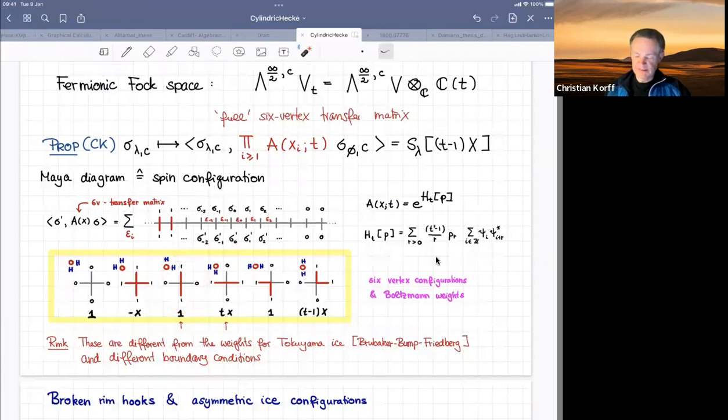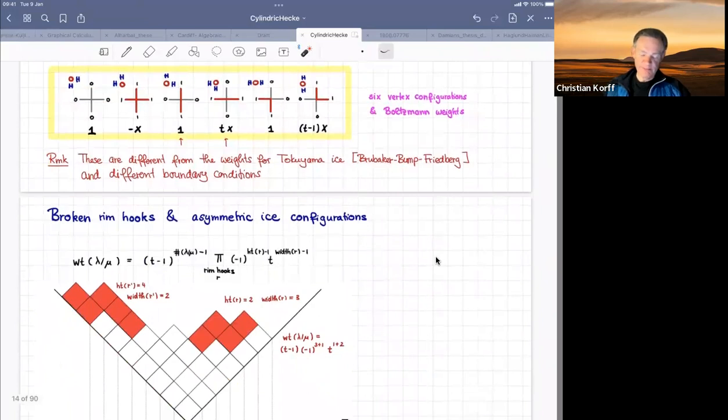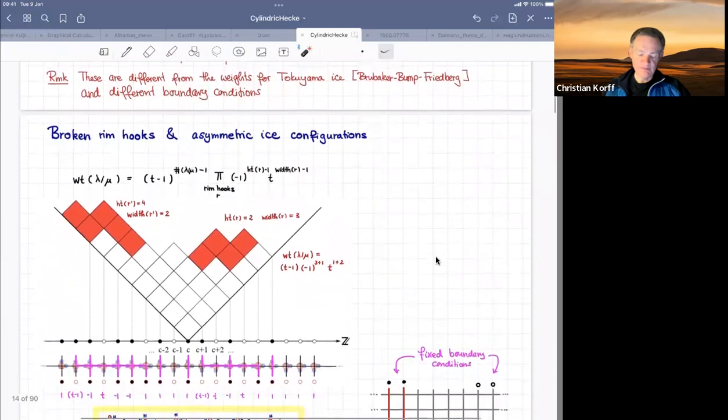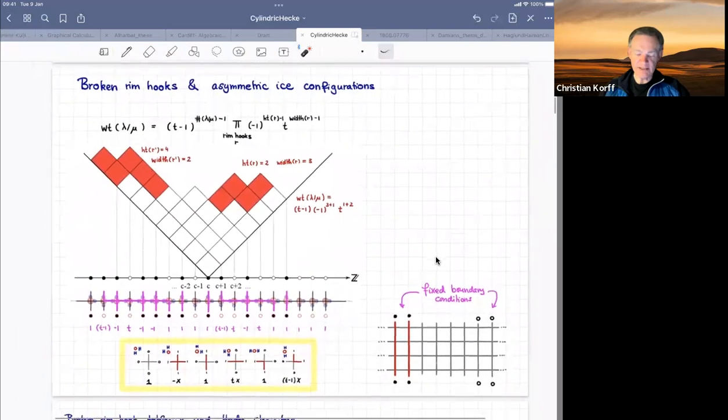And that's why I'm not getting out these other symmetric functions or characters which Tokuyama introduced, but I'm getting out this t-deformed Schur function, which is related to the theory of Hall-Littlewood polynomials. And moreover, these vertex weights and configurations nicely describe the combinatorics of computing the irreducible characters of the Hecke algebra.